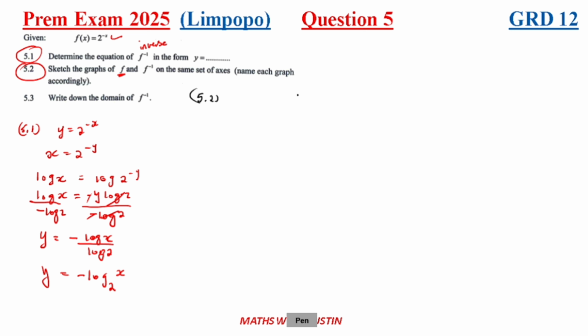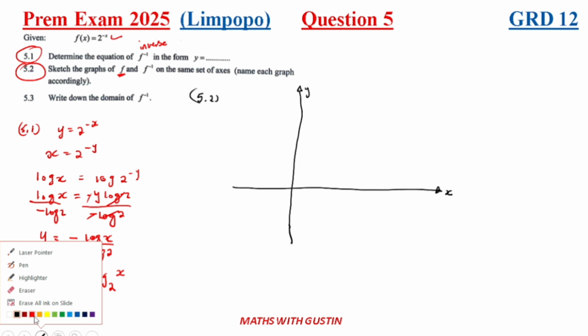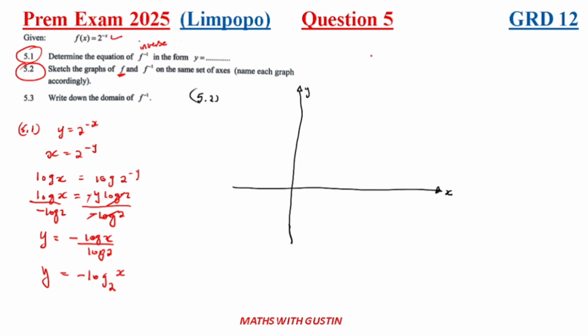Okay, not the best line in the world. I don't know if this thing can... Okay, no, it doesn't plot like that. Okay, here we go. Right, so this is our y-axis, and then this is our x-axis. Right, so now f of x, I'm going to draw f of x with a red. Okay, here we go. f of x, which is that one there, has got a y-intercept of 1.